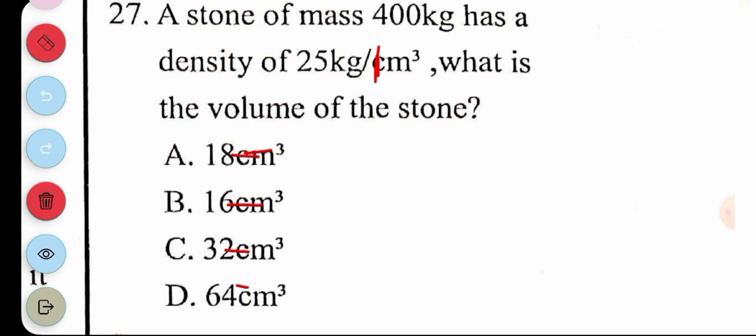Okay, so you have been given the mass and the density. You're asked to find the volume. Density equals mass over volume.